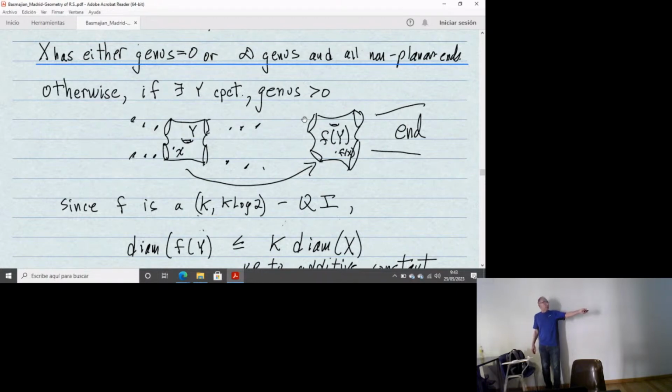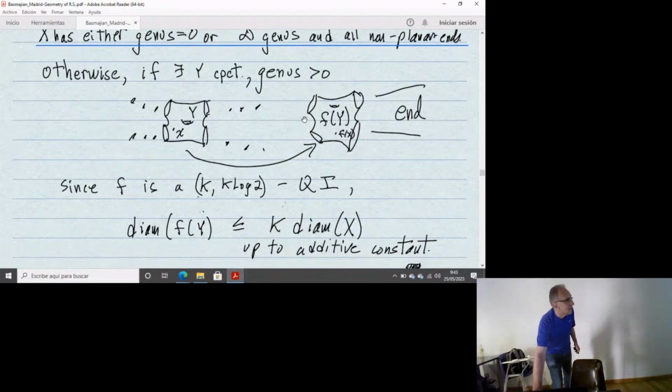So if you have finite genus, it's actually infinite genus. You can't have finite genus except for 0, and all the ends are non-planar, by the same argument. You can march out to any end with genus. That's the first part of the argument, and that's the idea of the proof, really.